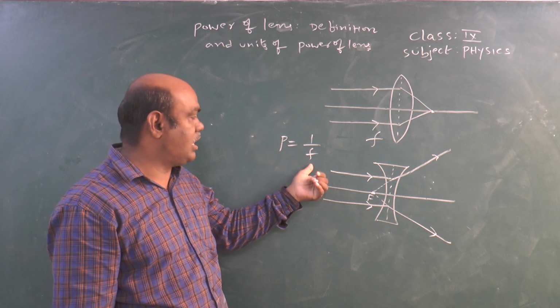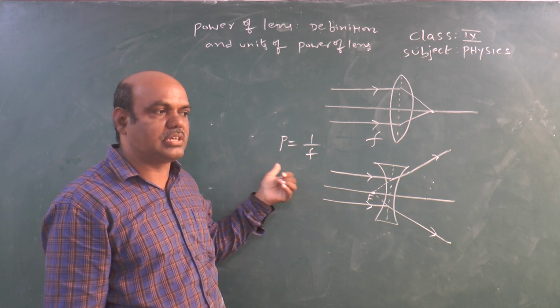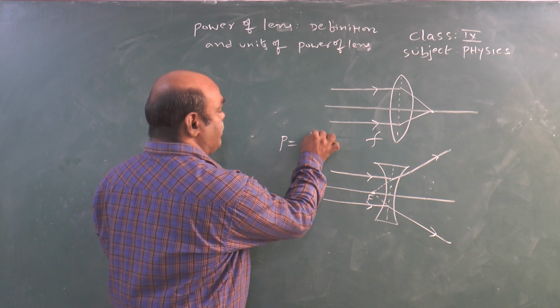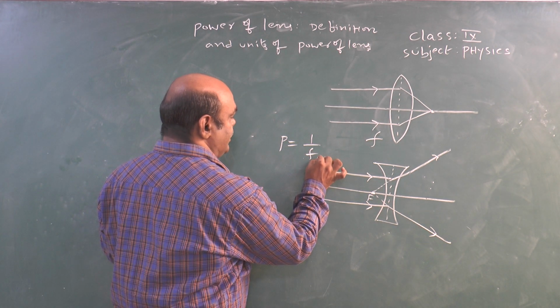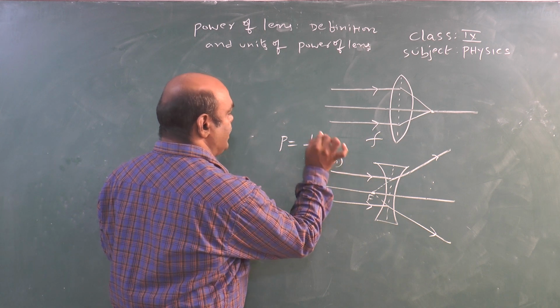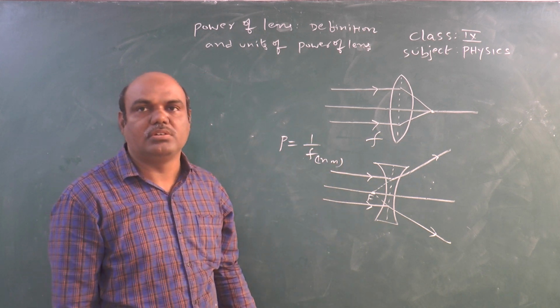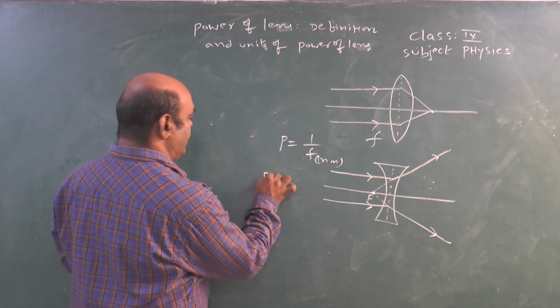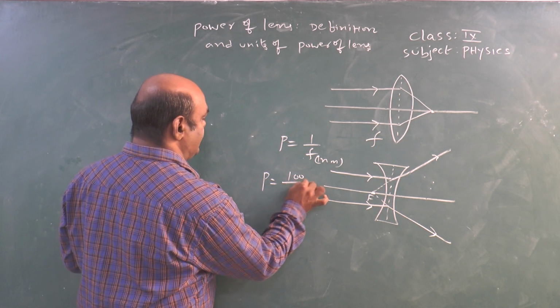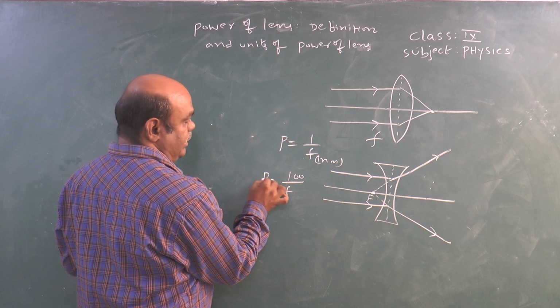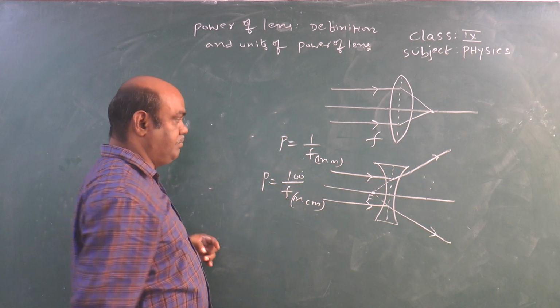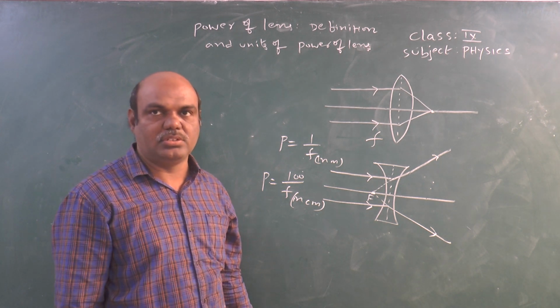So P equals 1 by f, if the focal length is in meters. Otherwise, if you take the focal length in centimeters, then P equals 100 by f, with f in centimeters.